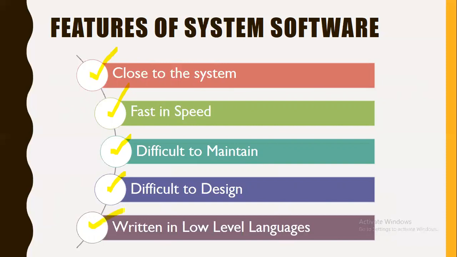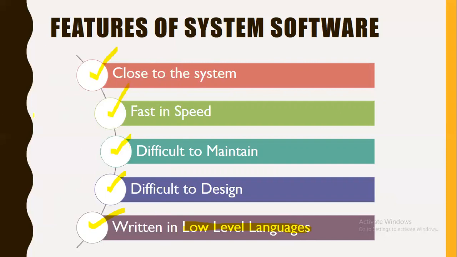And these are written in low-level languages. We will discuss the concept of languages in upcoming chapters. Here, let me tell you two basic things about computer languages. Computers can only understand low-level languages, and human beings can only understand high-level languages.